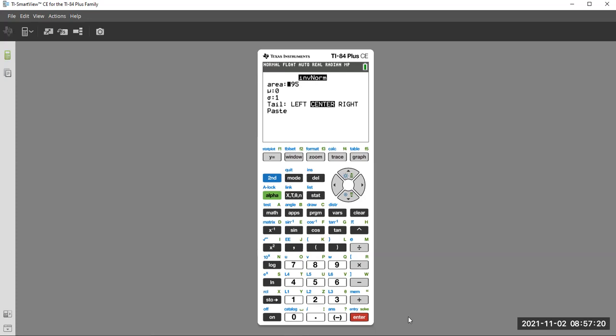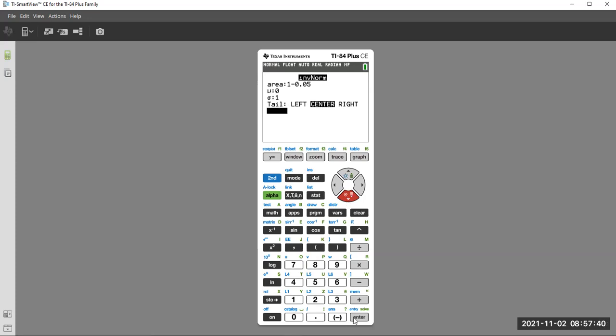Or what I could do is go 1 minus 0.05, and that gets that 95% that's right in the middle. I can have my mean as 0, my standard deviation of 1, and I will select center here.